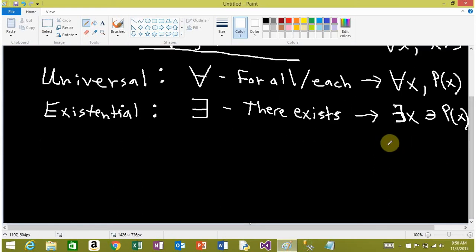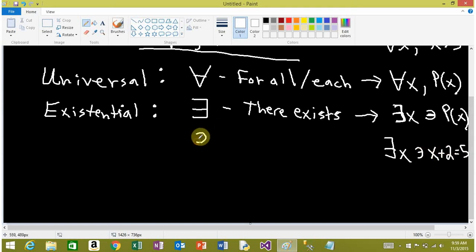An example of that would be, there exists an x such that x plus 2 equals 5. So that would be an existential statement. There exists an x such that x plus 2 equals 5.